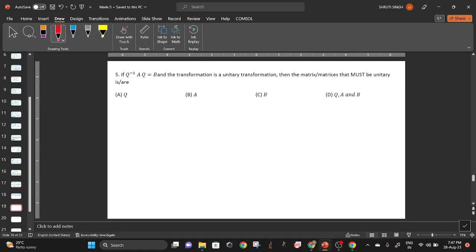So the fifth question is: if Q star A Q equals B and the transformation is a unitary transformation, then the matrices must be unitary, is R. What is the correct answer for this? Ma'am, I wrote Q, A, B because a unitary matrix transforms a unitary matrix into a unitary matrix.